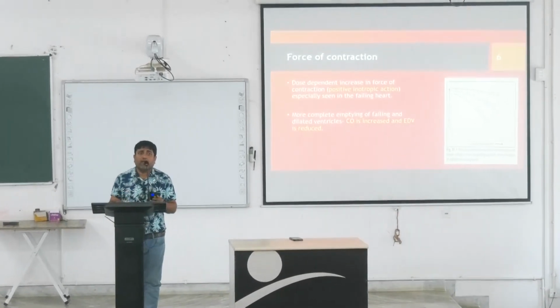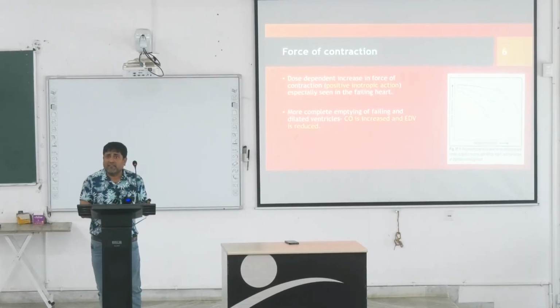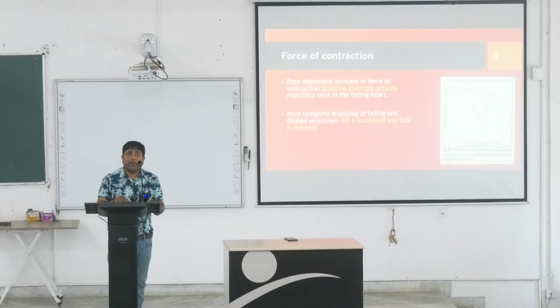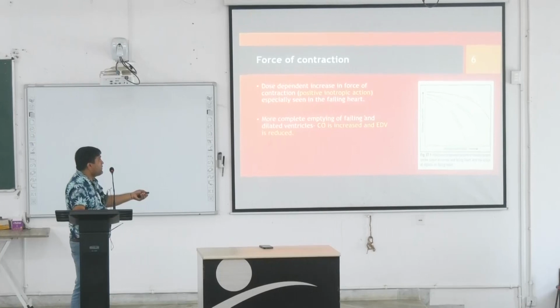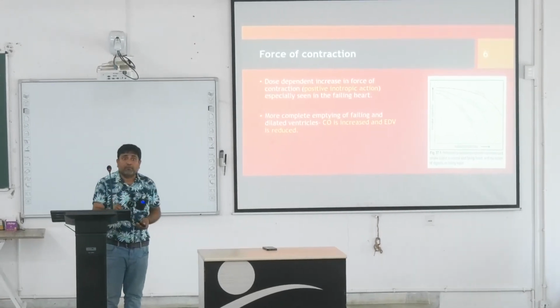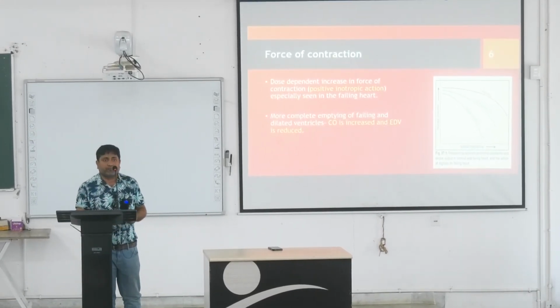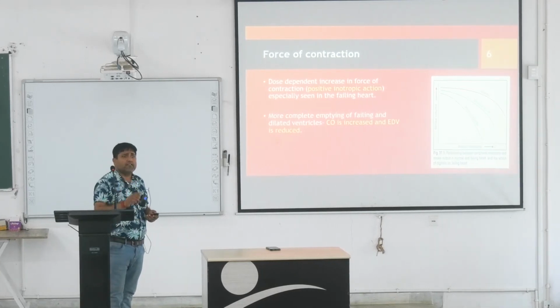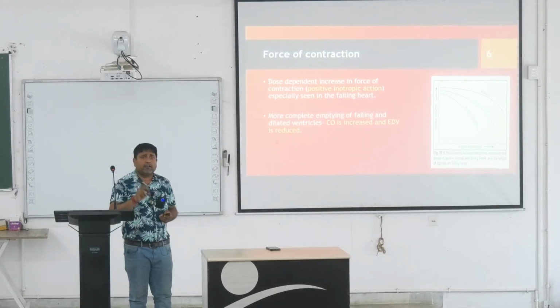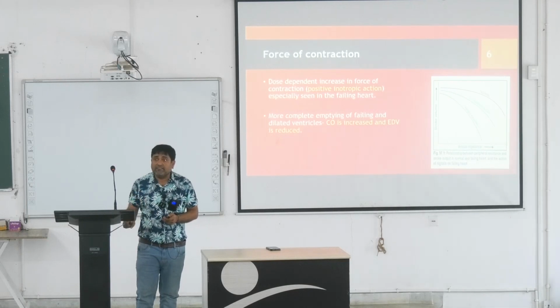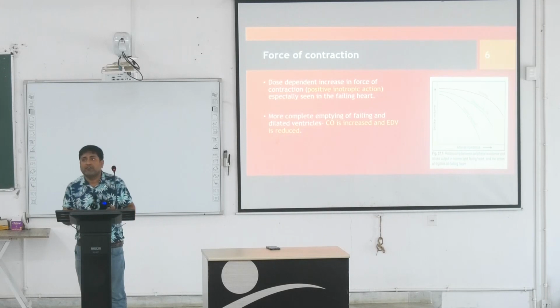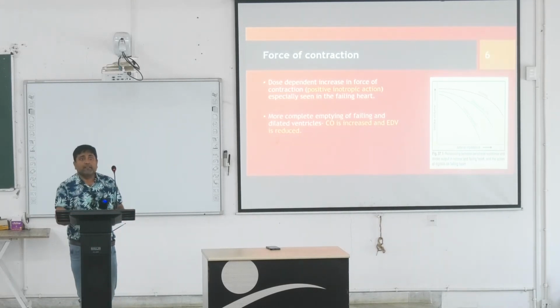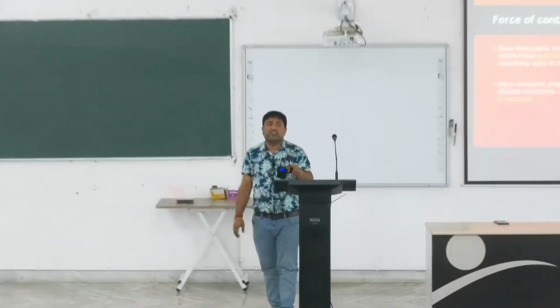Now, coming to the force of contraction. Digitalis in the normal heart does not increase significantly the force of contraction, but in the failing heart it significantly increases the force of contraction, basically without disproportionate increase in oxygen consumption. We know that the adrenergic drugs also increase the contractility of the heart, but they do so with disproportionate increase in oxygen consumption, and hence the myocardial efficiency is decreased.